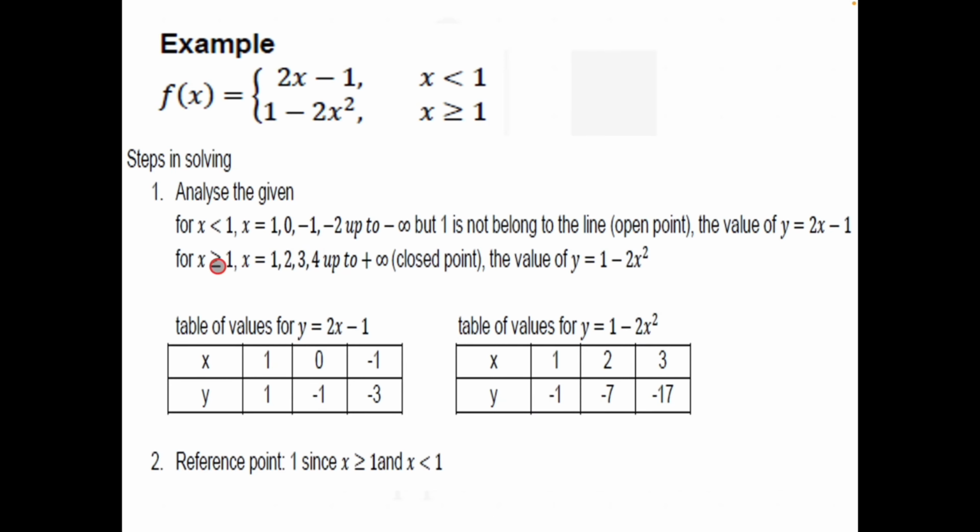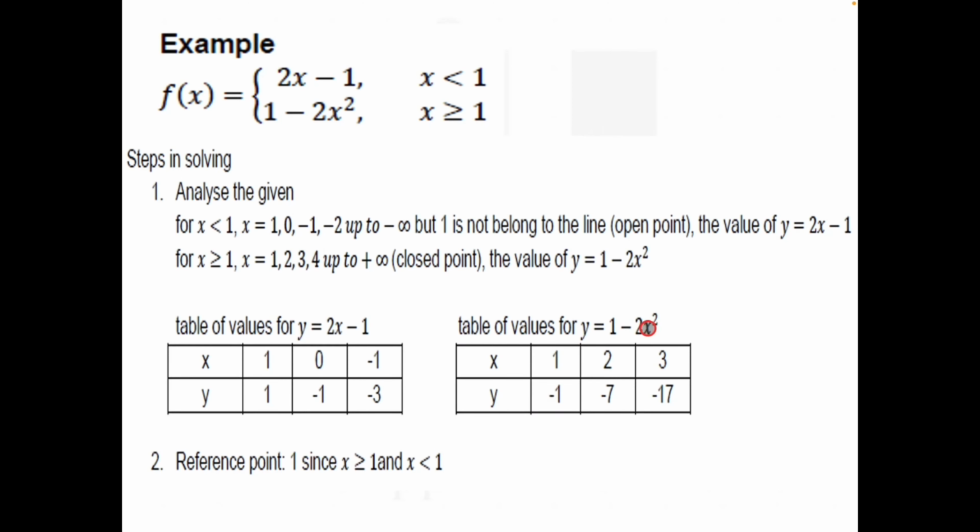Kasi we have here the underline. Now, we have y is equal to 1 minus 2x squared. Again, we don't have the exact value for y. That's why kuha tayo ng table of values. So, gamitan tayo ng 1, 2, 3. You substitute. Kakaroon tayo ng 1 minus 2 times, squared muna natin, so this will be 1 squared.